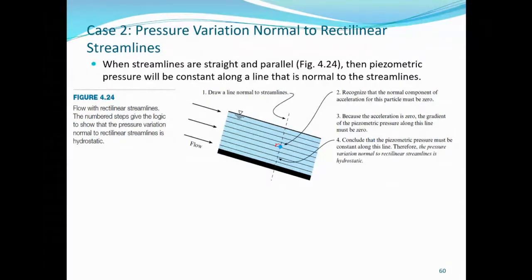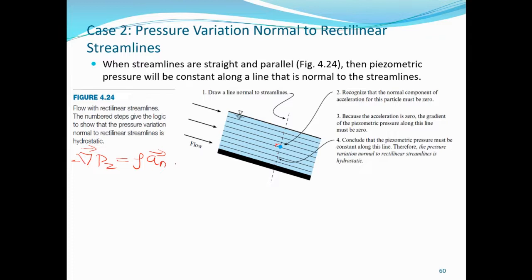Here, let's look at the points. We look at this point. Recognize that the normal component of acceleration for this particle must be 0. We are still playing with this rho A, the acceleration, so we are considering the normal component, which is going to be n.